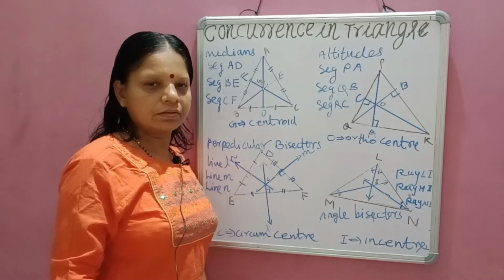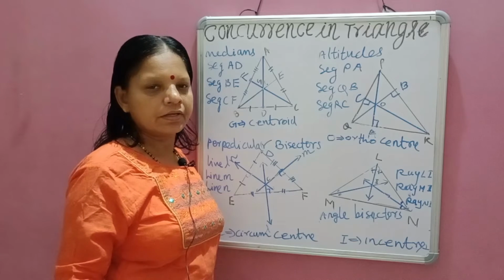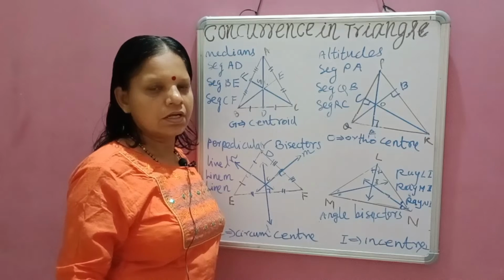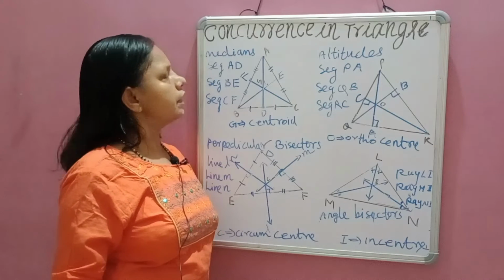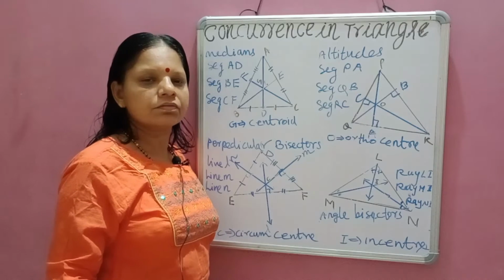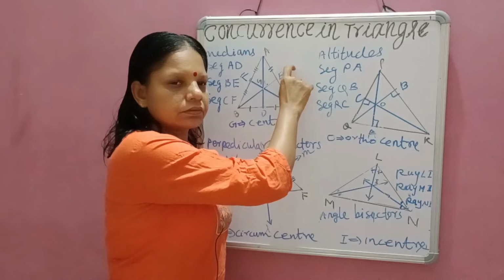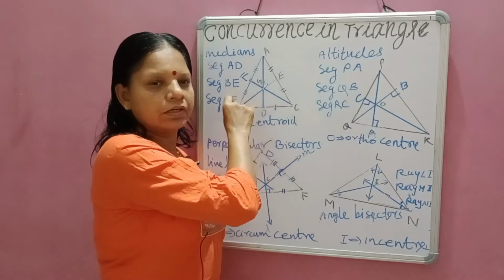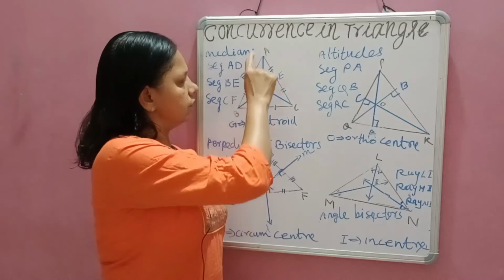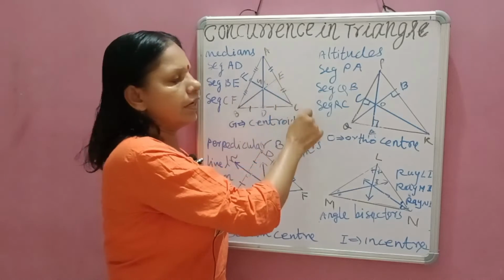So what is a median? The line segment joining the midpoint of a side and the opposite vertex of a triangle is called a median of the triangle. How many medians can you draw? From each side you can draw the median by taking the midpoint and the opposite vertex. These are the three medians, that is AD, BE and CF.